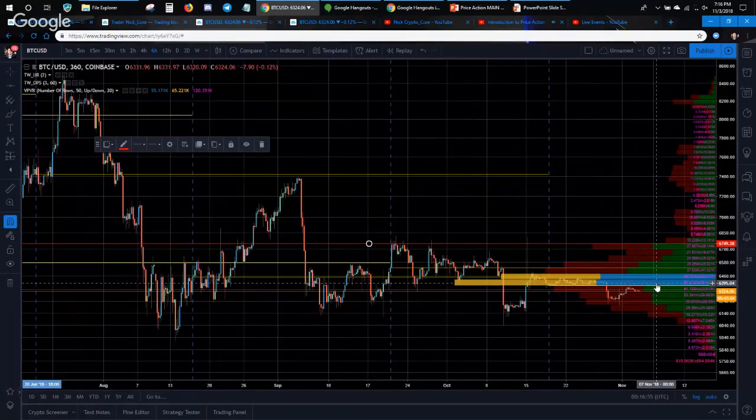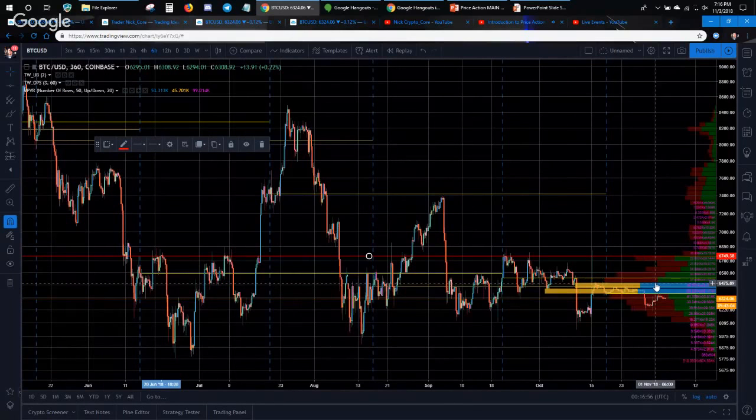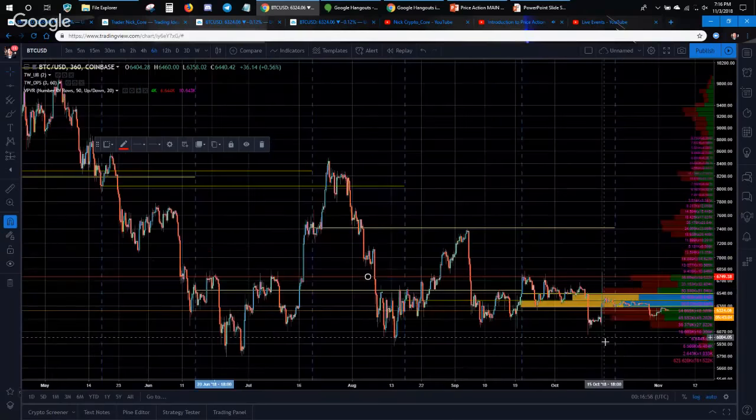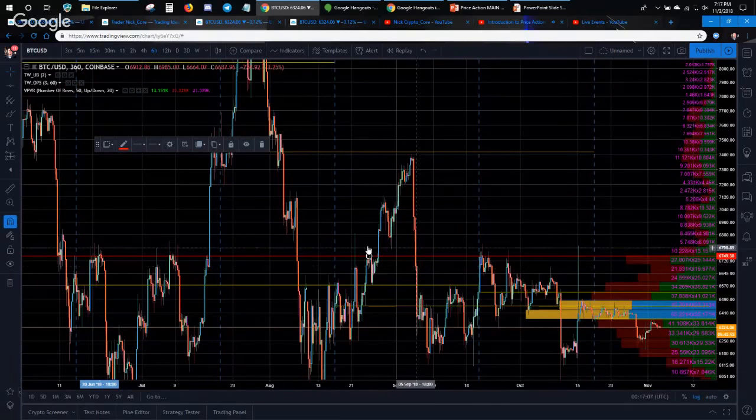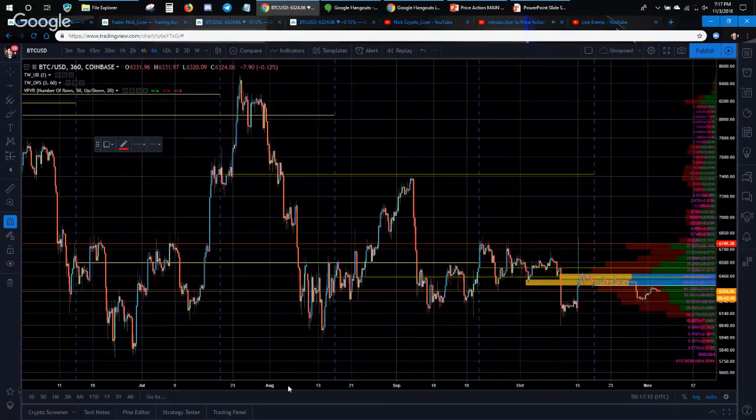Traditionally right here, there has been slightly higher buy volume than there is sell volume, so this resistance isn't too heavy right here. But we also have quite a bit of support down here.